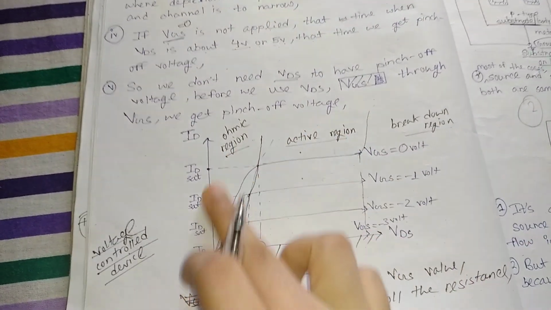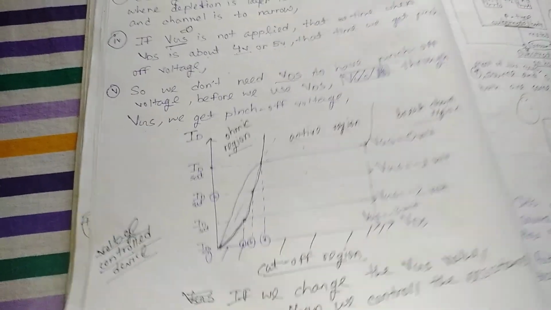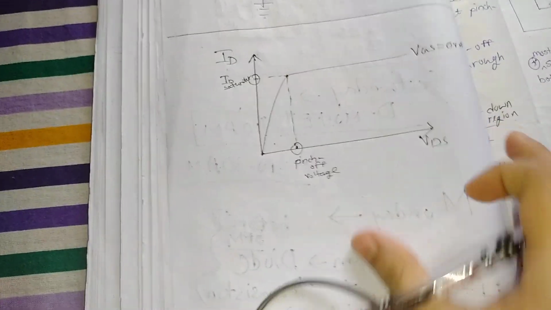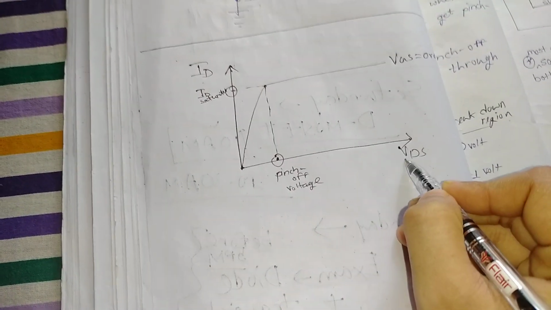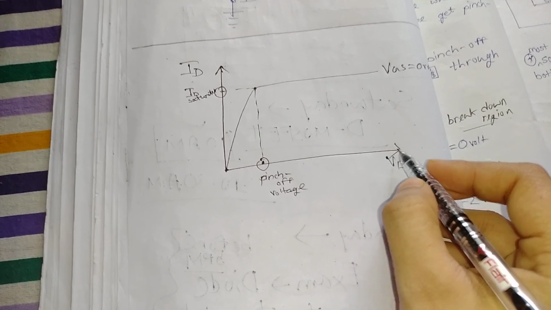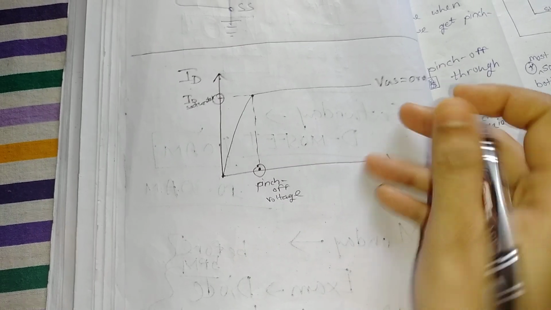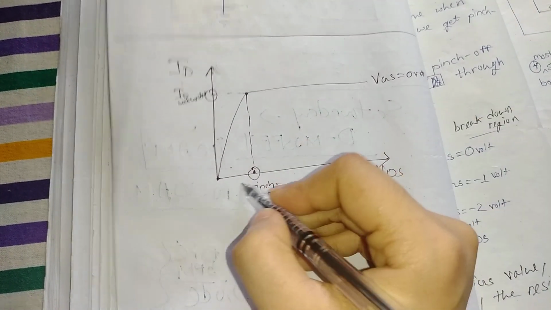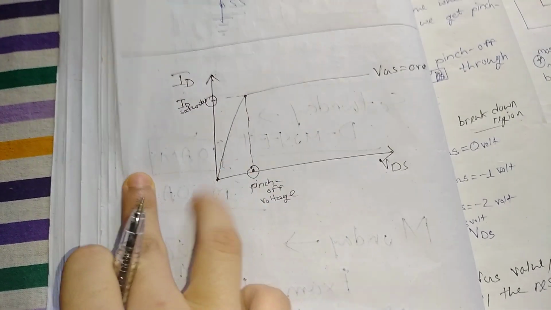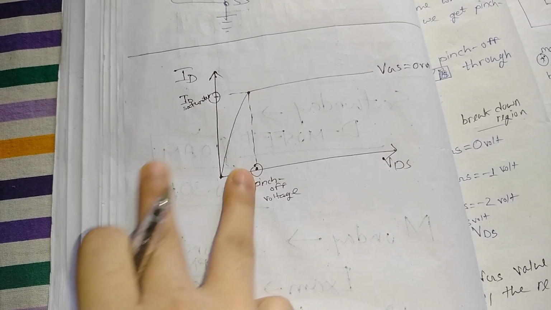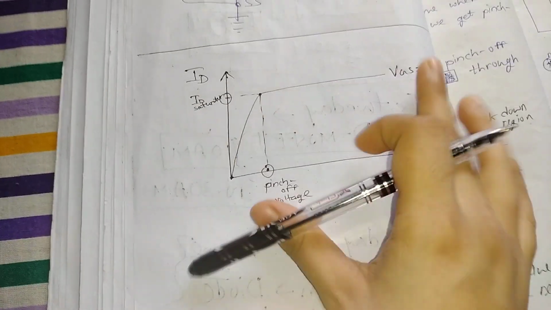So this is the output graph of JFET working. This axis represents VDS and this axis represents ID. When VGS equals 0 volt, ID gets saturated at the pinch off voltage, which is this VDS value. This value is called the pinch off voltage, and then ID is saturated.